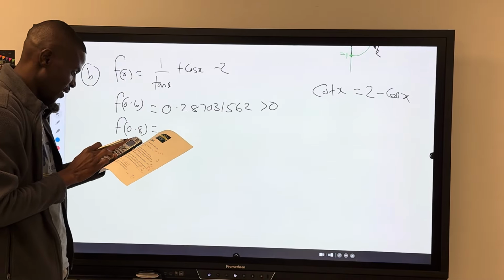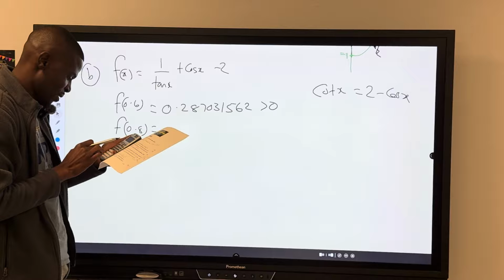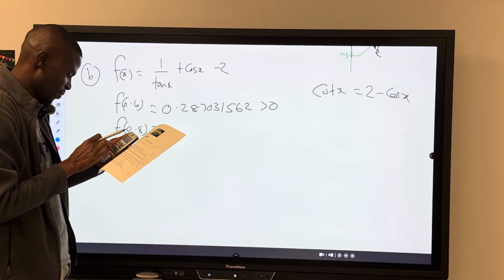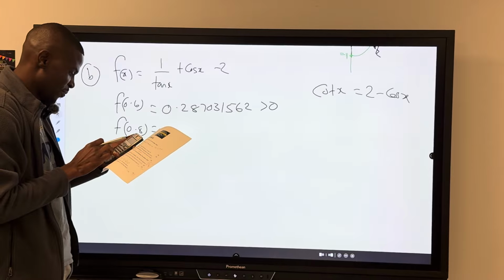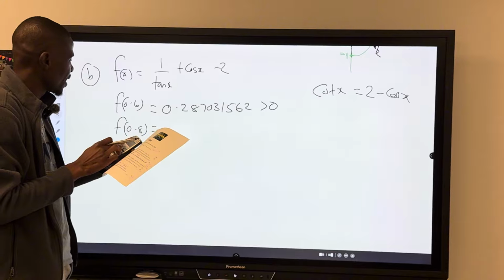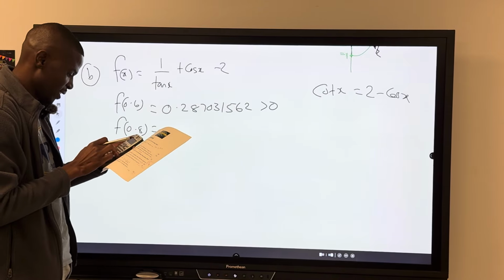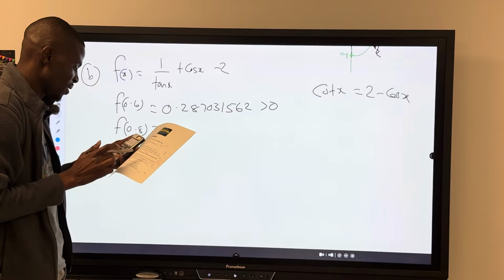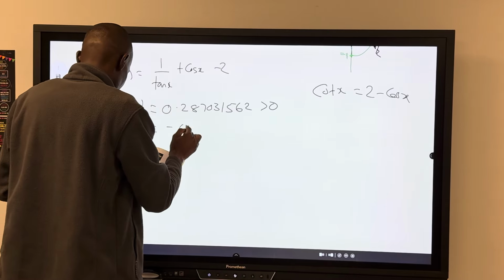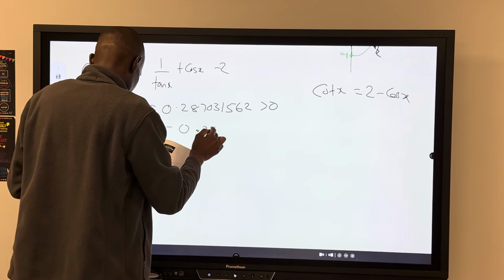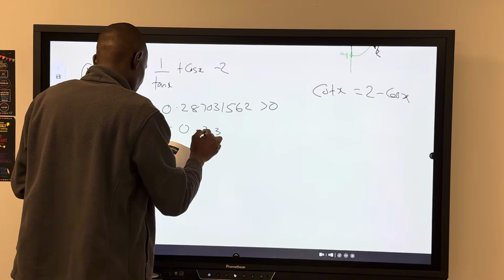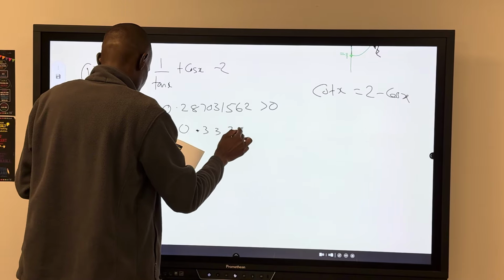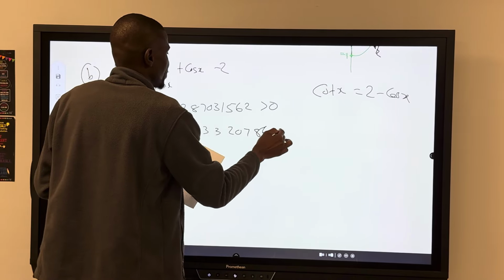Then I use 0.8: 1 over tan 0.8, plus cosine 0.8, then subtracting 2, I get negative 0.33207869, which is less than 0.